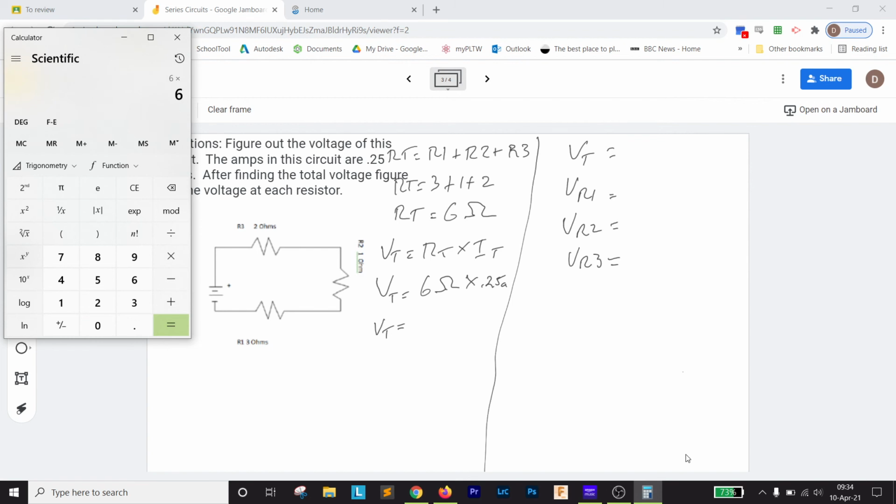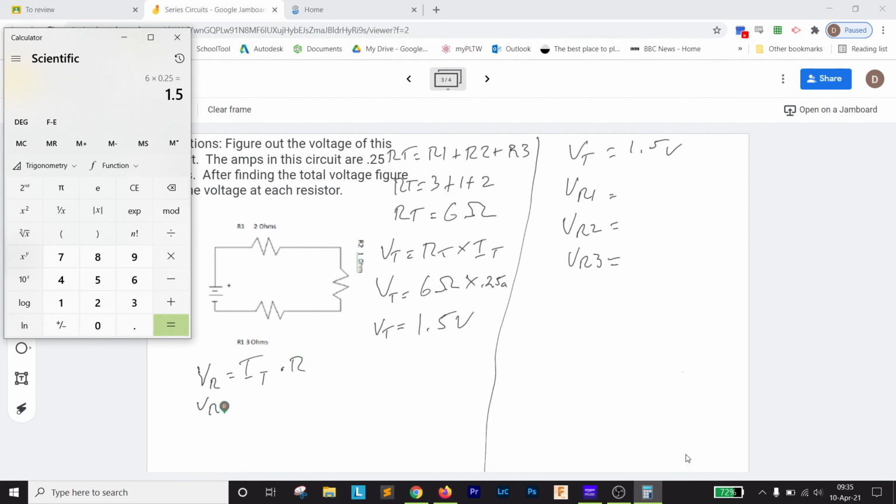So 6 times 0.25 is 1.5 volts. So that is our voltage total. Okay, and then we just got to find the voltage drops. So that's the same deal. Voltage at any resistor equals I total times that resistor.